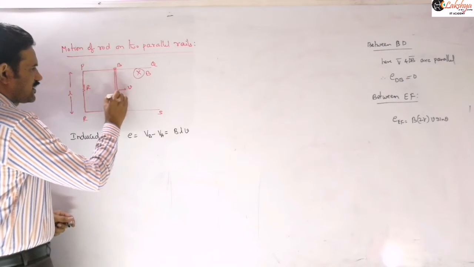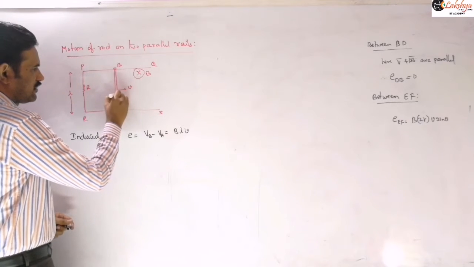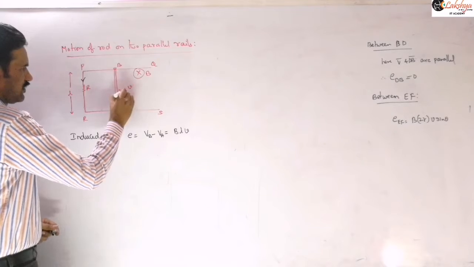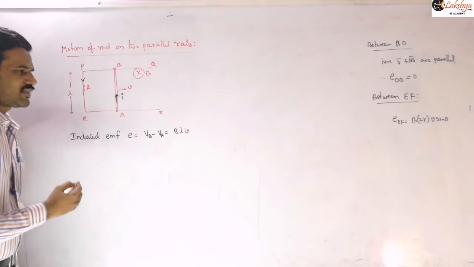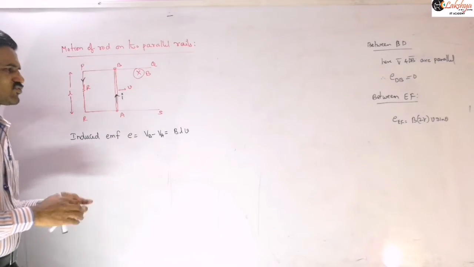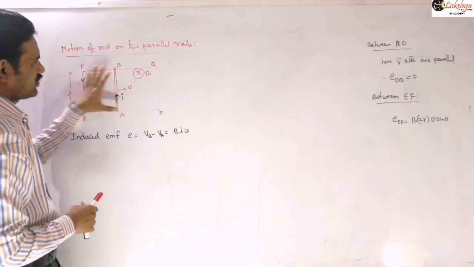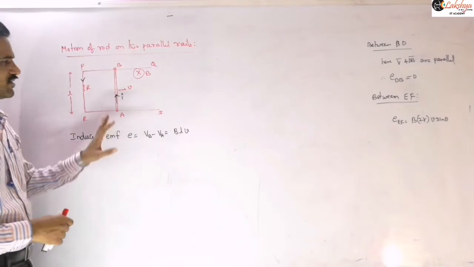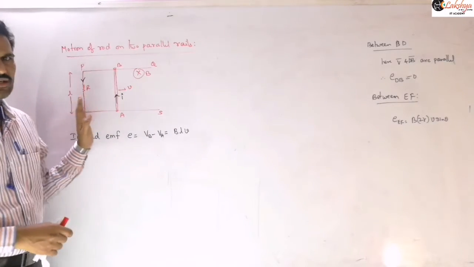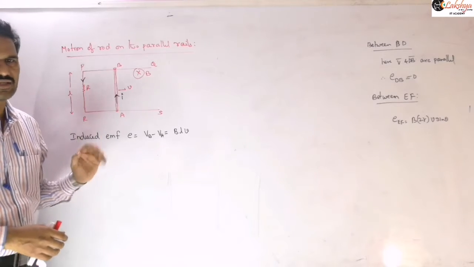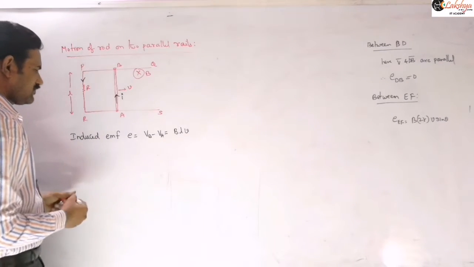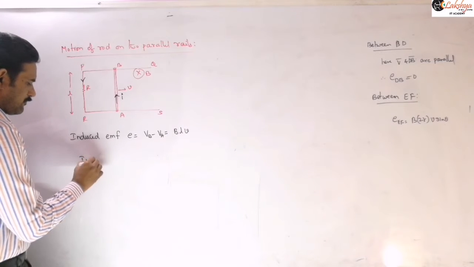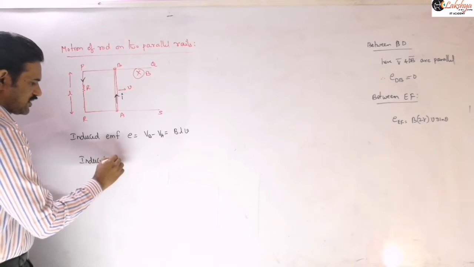And now here the current is flowing from A to B, so here current will flow like this, the induced current I. Here let us assume that the resistance of this rod and the rails is negligible. If you want, you can mention that the only resistance is R here, the only resistance we are assuming as R. And now the induced current, now we can write this as induced current.